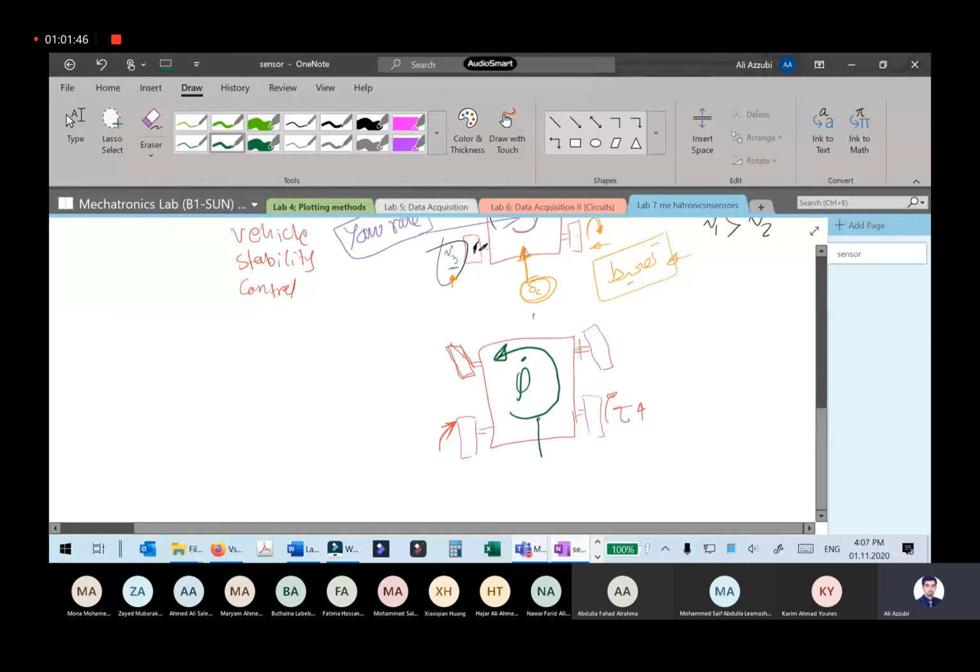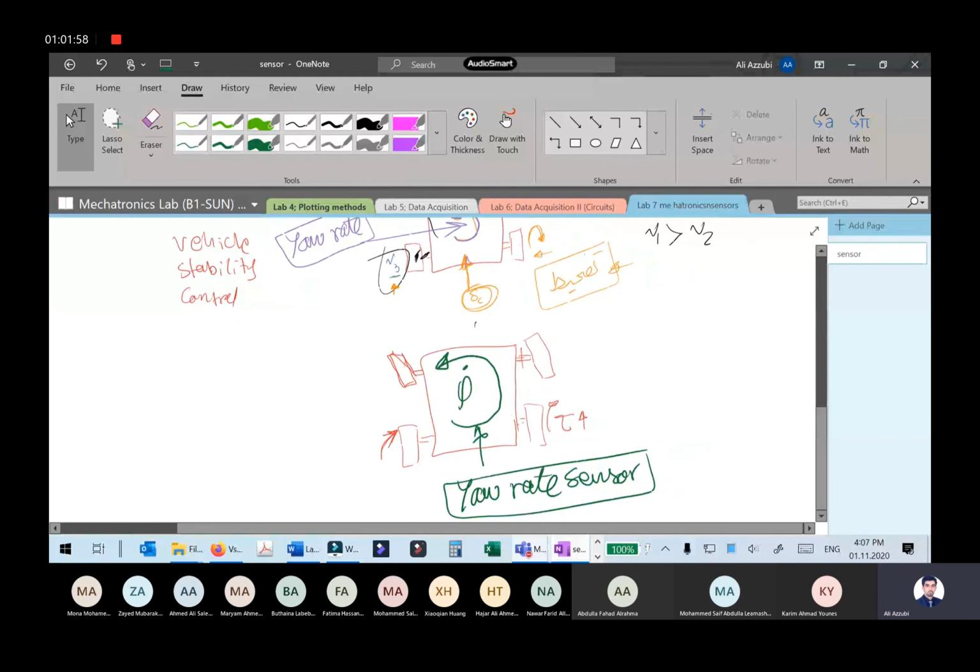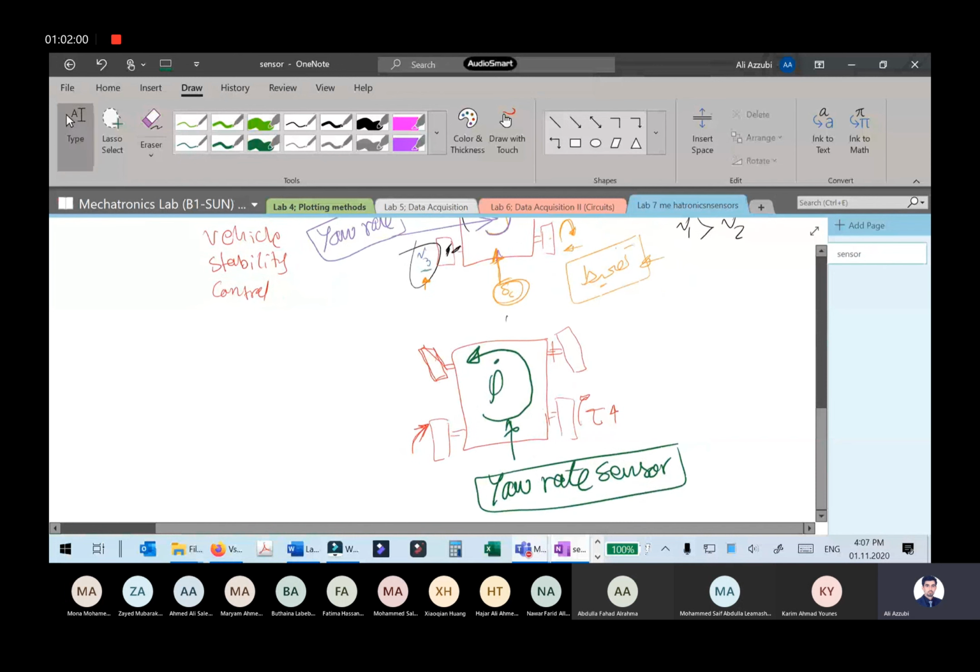And there's a specific sensor for this, called the yaw rate sensor. This is what's different from traction control: the VSC will monitor the speed as well as the steering angle theta of your steering wheel, and this phi dot here.